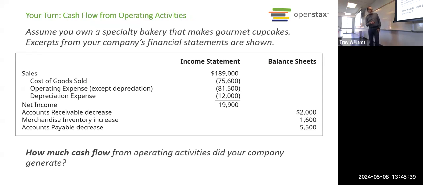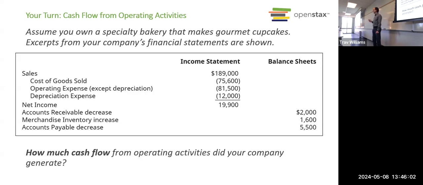Let's figure out the cash flow from operating activities for this company. If we're going to use the indirect method, what do we start with? It's the first piece of information we need. Net income. Thank you. Exactly, and it's right here.